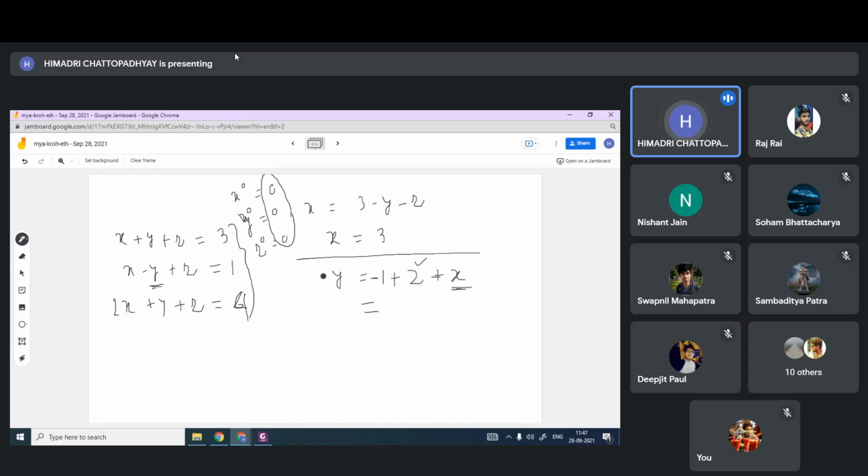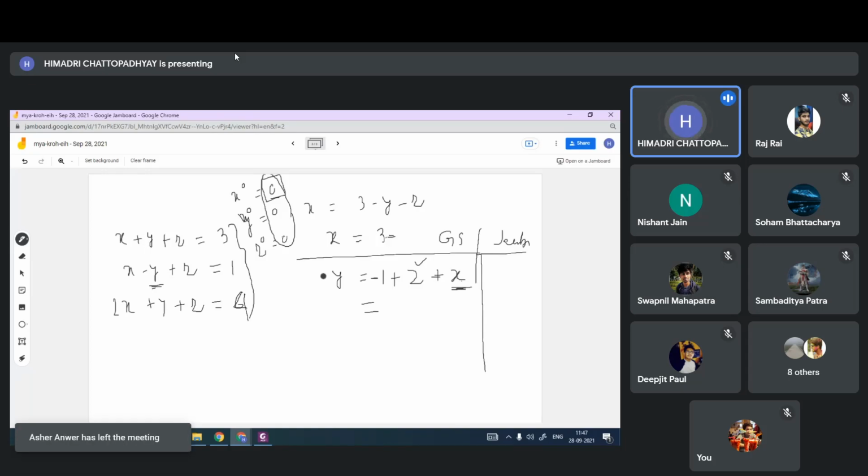So x becomes 3 minus 0 minus 0, which is 3. Now y is minus 1 plus z plus x. So what value of x will you put? In Jacobi iteration, you take x0. But in Gauss-Seidel iteration, you take the freshly obtained value. So I can do it both ways. This is the Jacobi way, and this is the Gauss-Seidel way. The equation is the same, but with Gauss-Seidel I have a fresh value of x, 3.